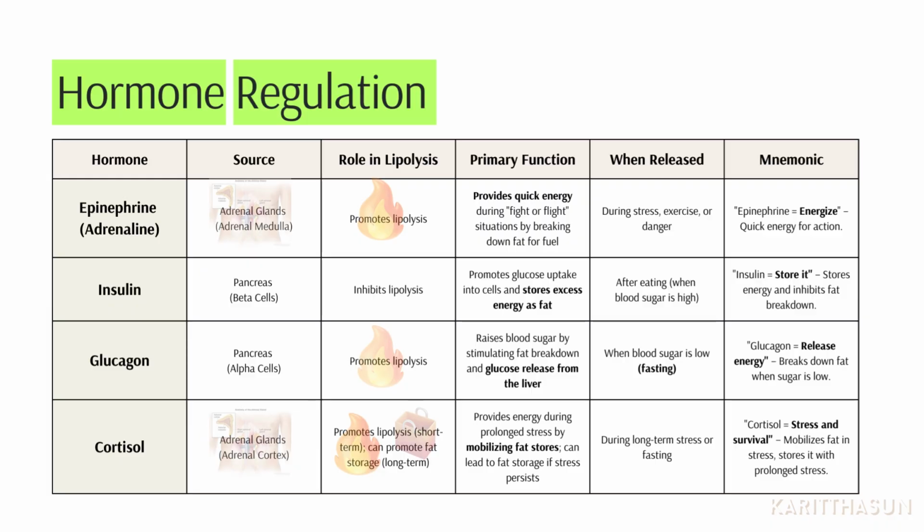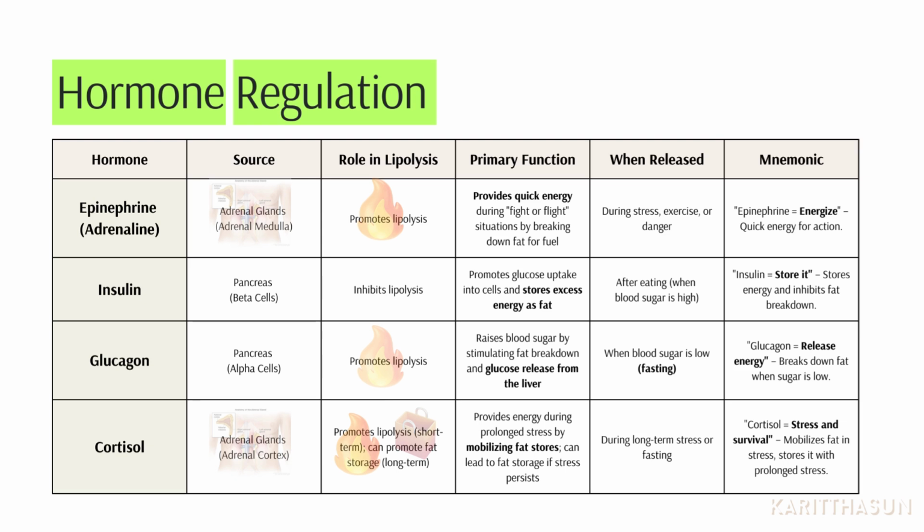Now we're going to move on to the hormones and how these hormones play a crucial role in regulating lipolysis. Let's quickly look at the four key hormones. Epinephrine promotes lipolysis during the fight or flight response. Insulin inhibits or stops lipolysis and promotes fat storage, especially after a meal.